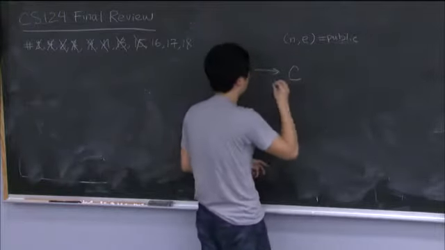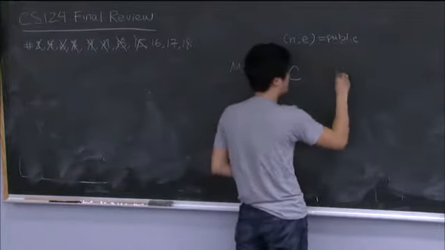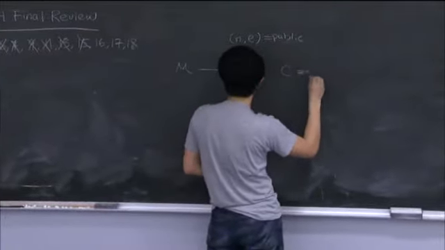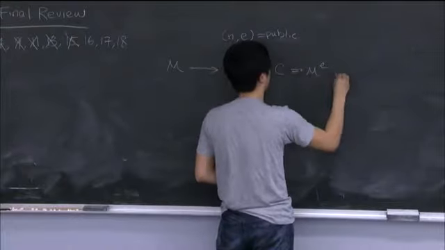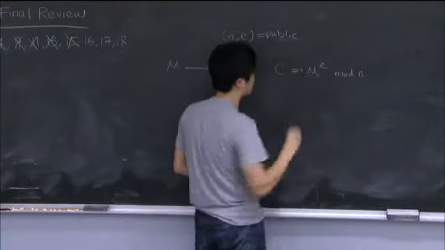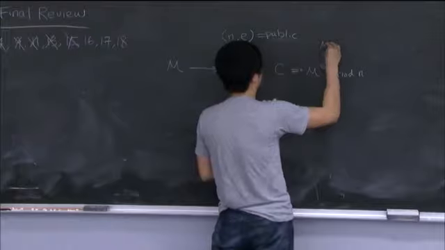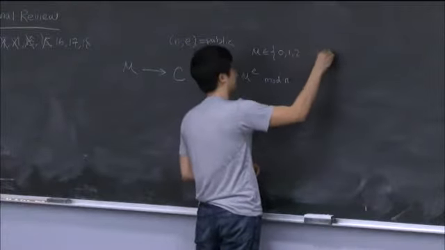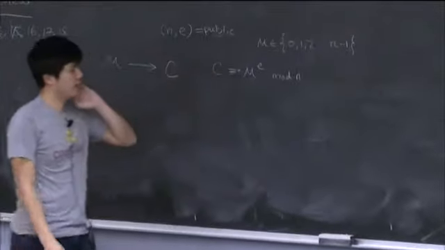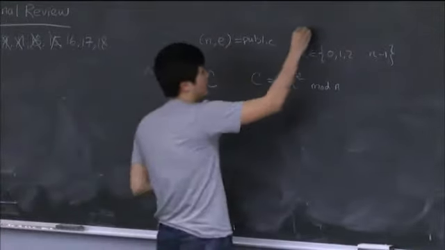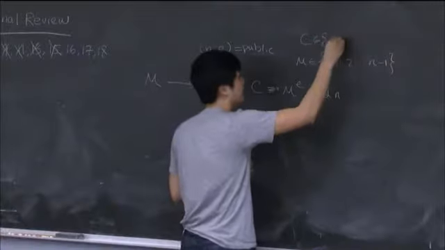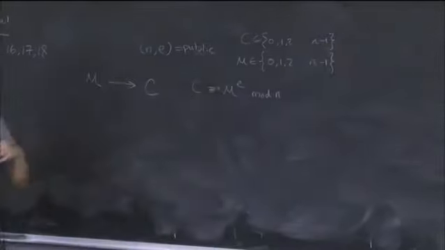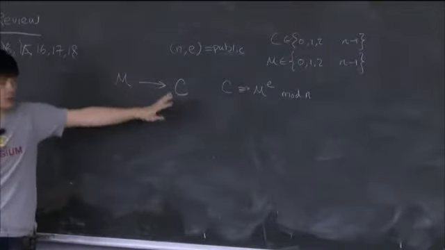C is equal to M to the E mod N. We're assuming that our message M is some string in this set, and our C's are also in this set, because they're modded by N as well. So that's the setup: RSA, M goes to C.